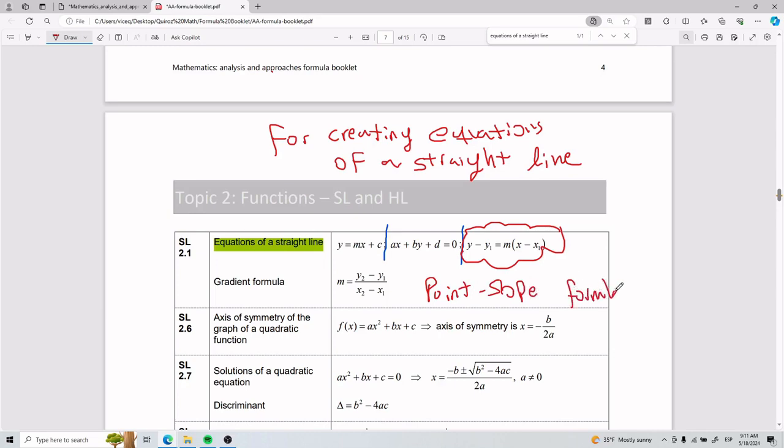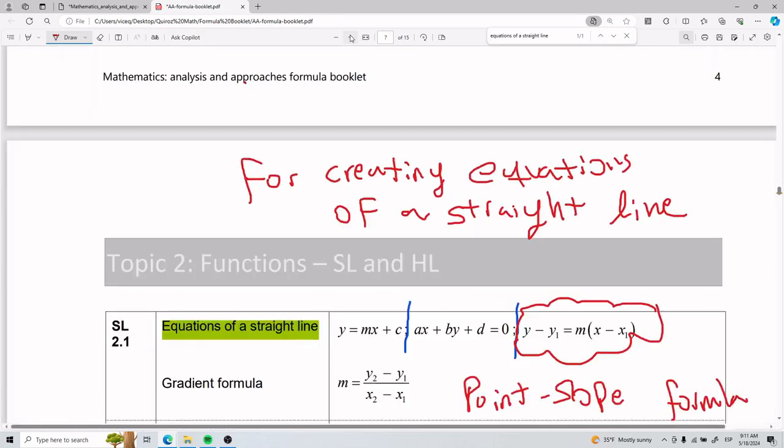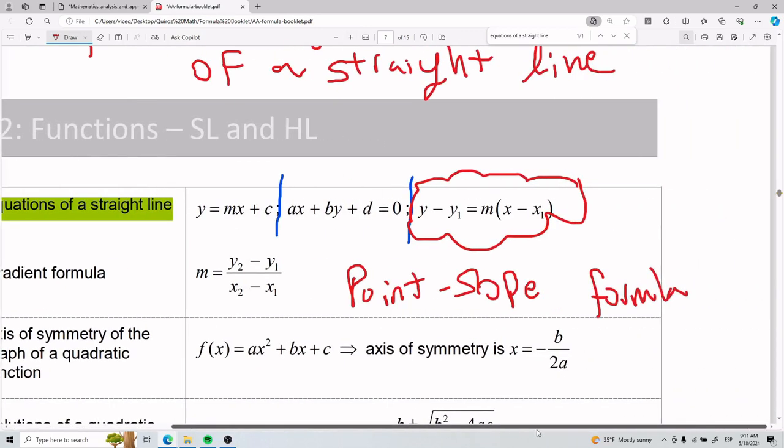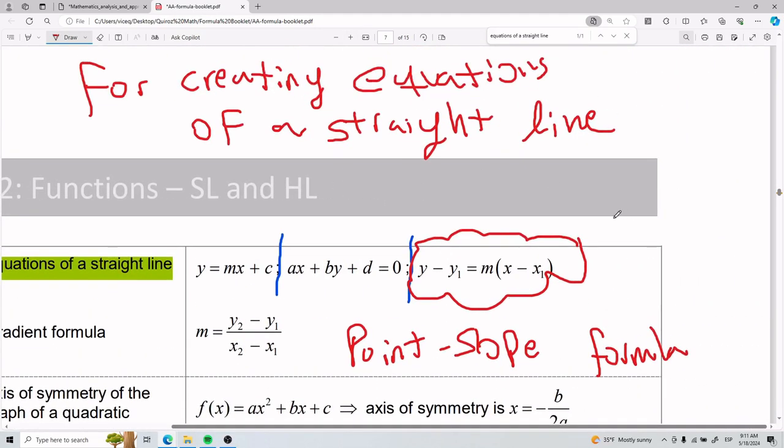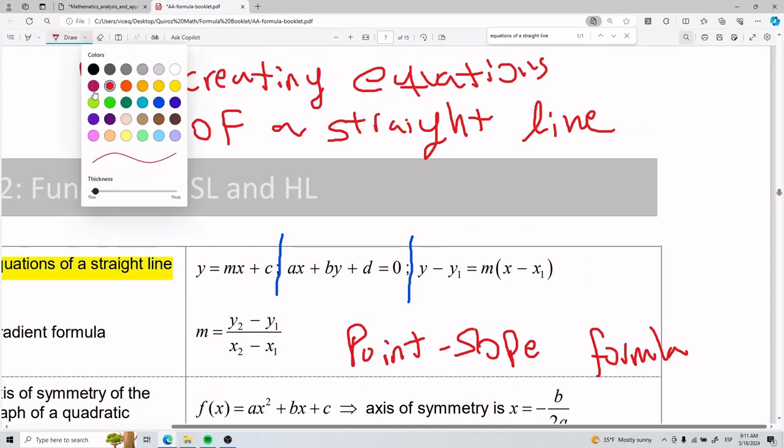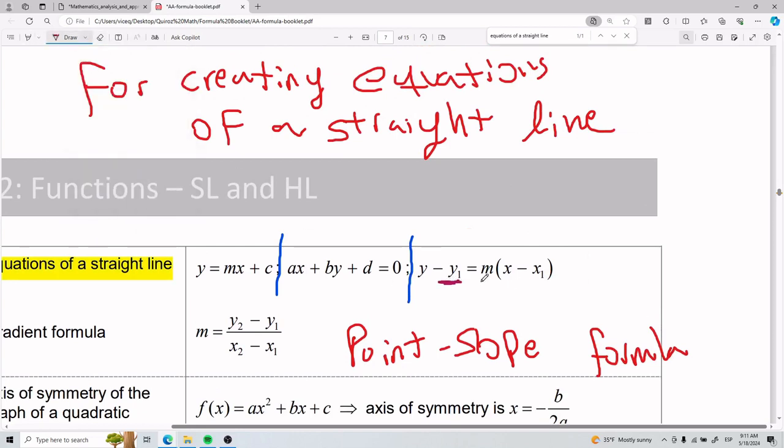Now let's take a moment, let's look at it, let's understand what it's asking for. In order to create the equation of a straight line, all you need are this, this, and this. If you plug in those three things, you're good to go. So y1 and x1 is a set of points. So if you have a point, you're halfway there. And if you have m, you're good to go. Now what is m?